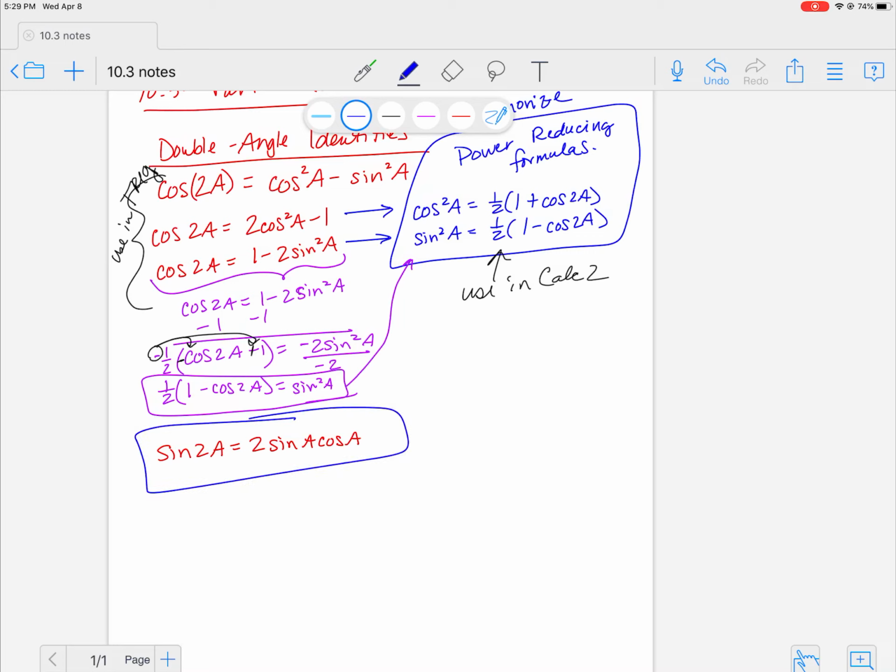Okay, one more that you're going to have to memorize is double angle sine. Sine 2a is equal to 2 sine a cosine a. This is also a memorizer, so I should have stuck this up here with this. Memorize this one too.